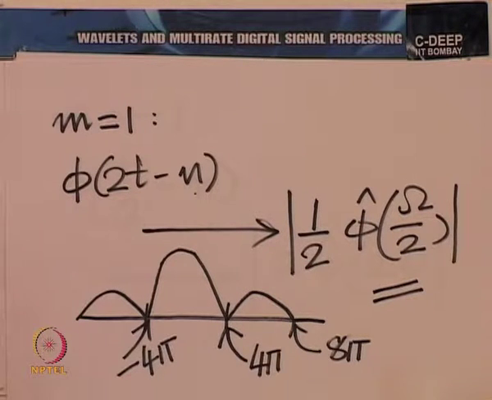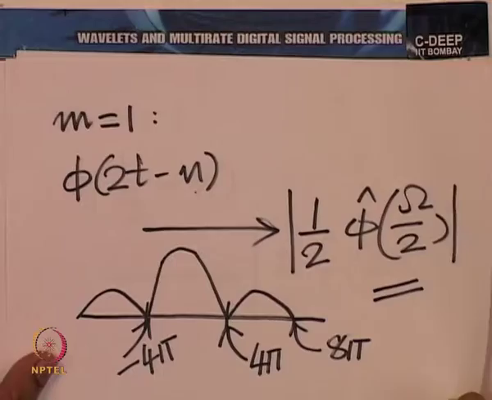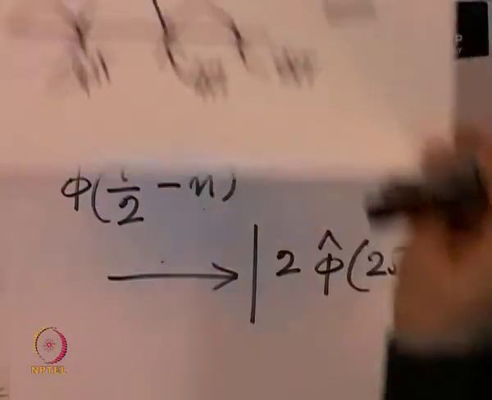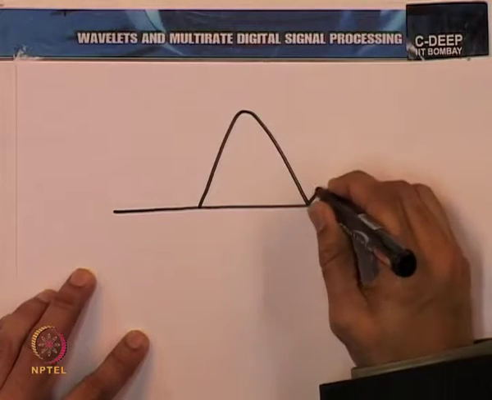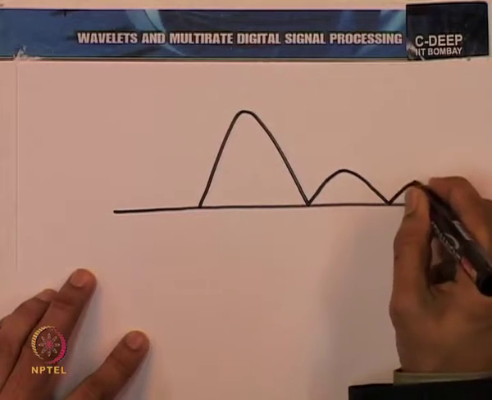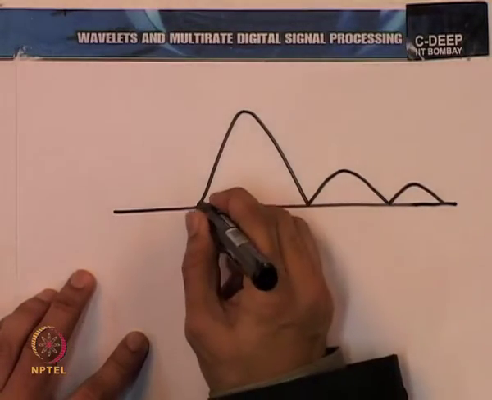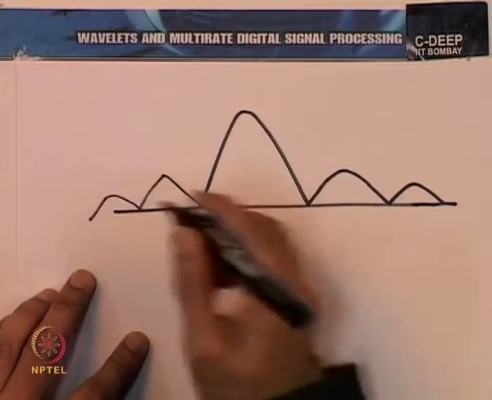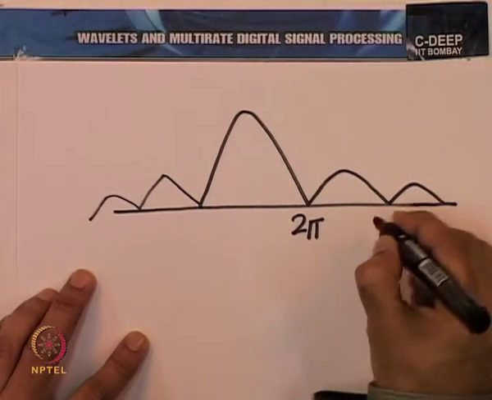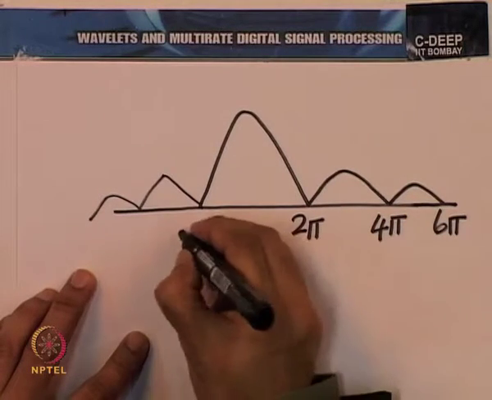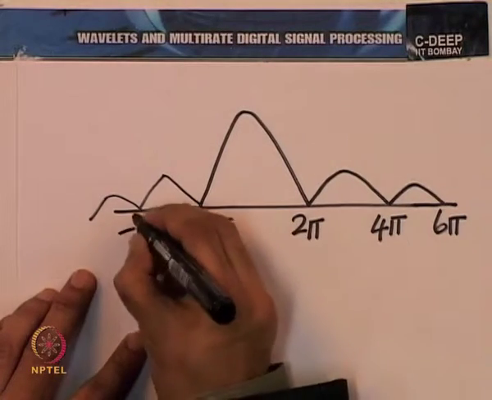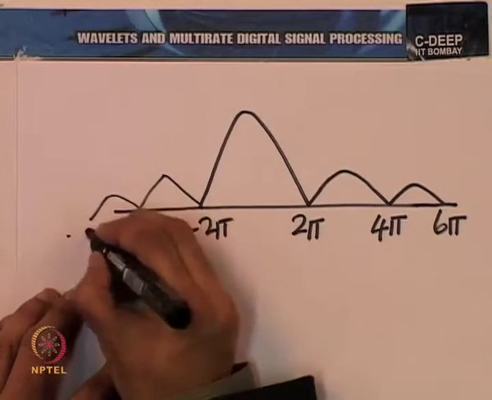Let me put them together, the original Fourier transform and this Fourier transform with m equal to 1. And so on.